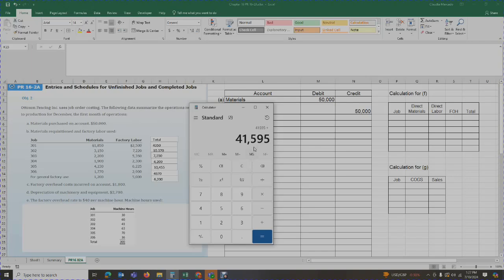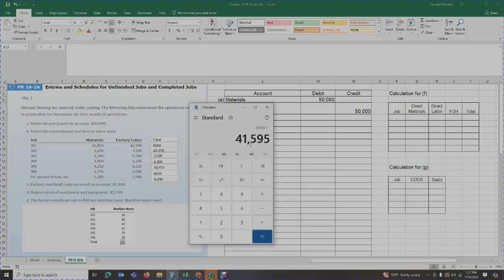I'm going to stop there because those are all of my jobs, jobs 301 to 306. Up to there, we have combined for materials and labor a cost of $41,595. So that is what I am going to put into my work in process.